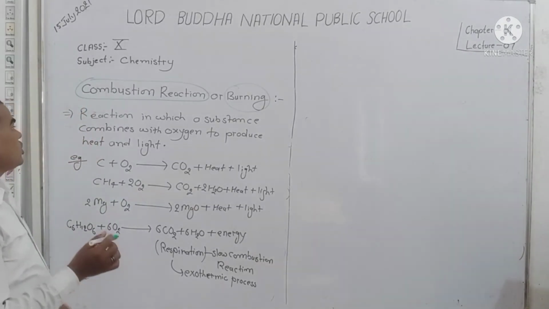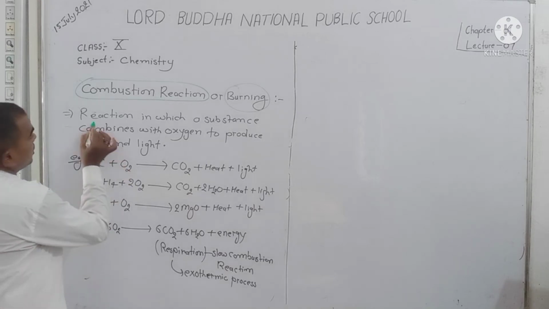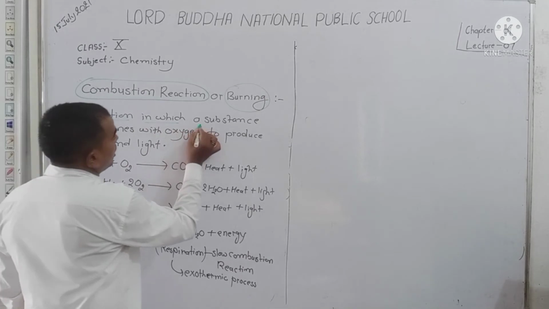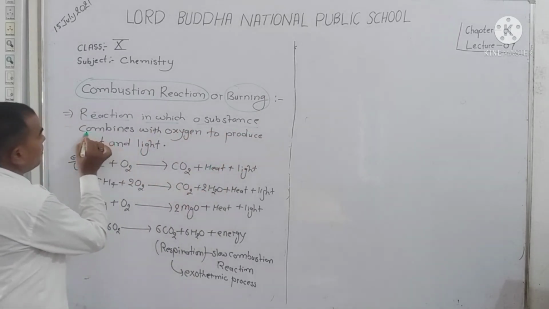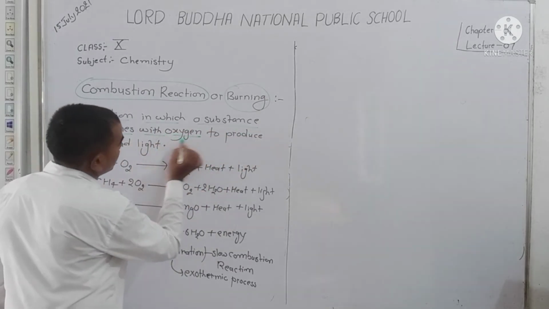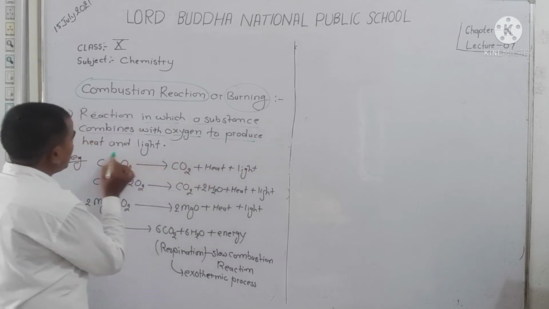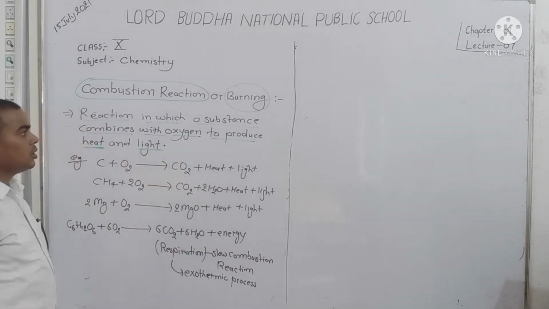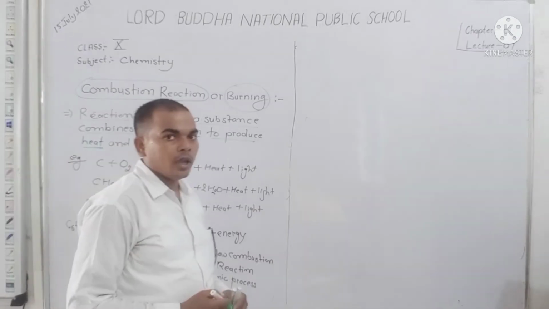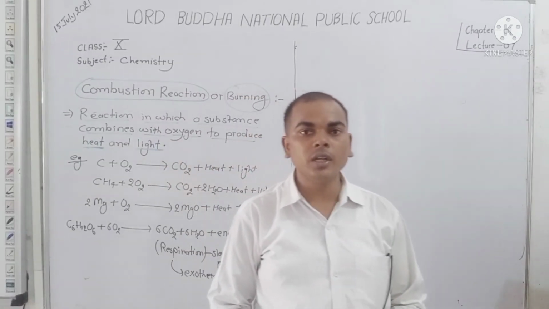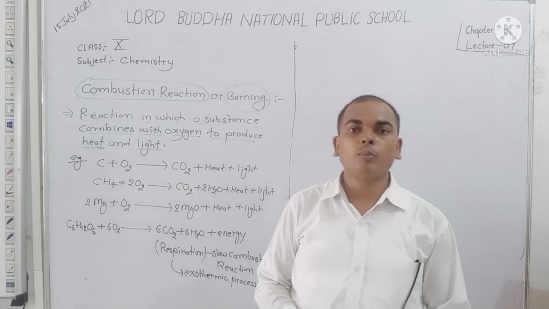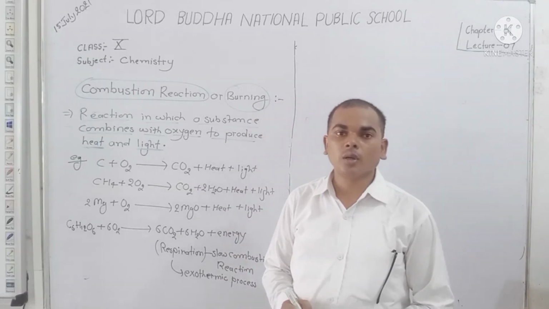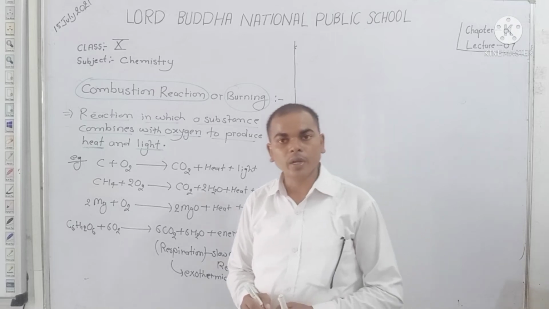The definition of combustion is the reaction in which a substance combines with oxygen to produce heat and light. Combustion of any substance with oxygen and production of heat and light is known as combustion reaction or burning.